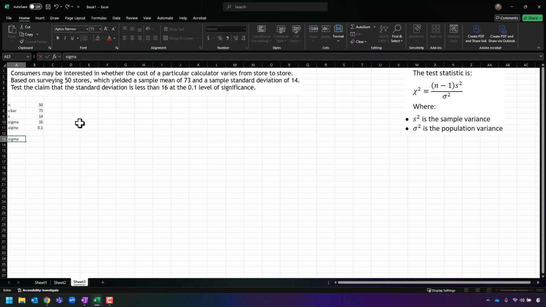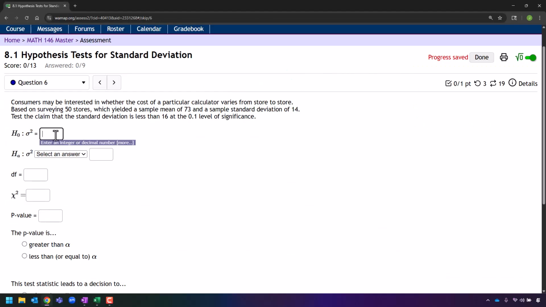So that sigma squared is what I'm going to need to fill out this thing here. And since I don't know my 16 squareds, I was going to be way off here. So this is 256. Now test the claim that the standard deviation is less than, so we'll do less than, and then we do that sigma squared.